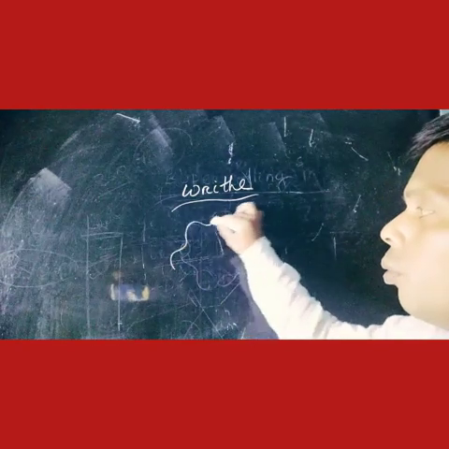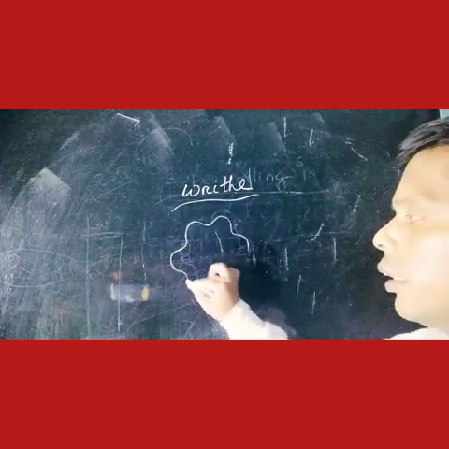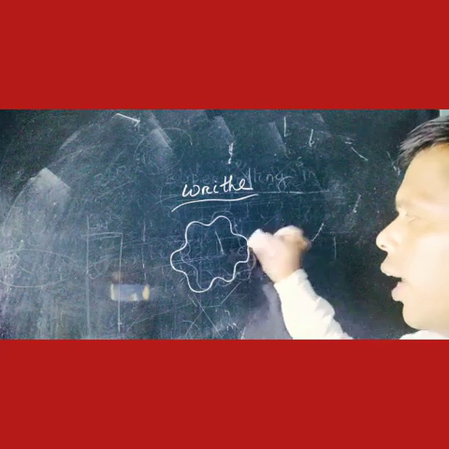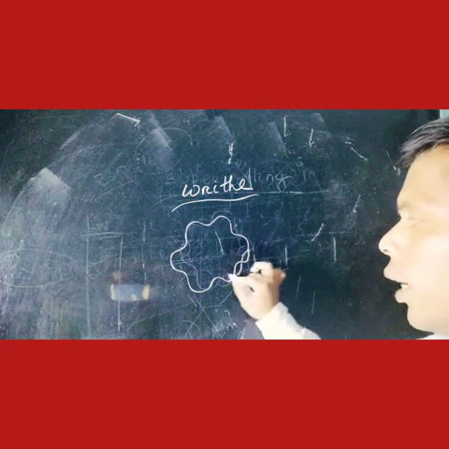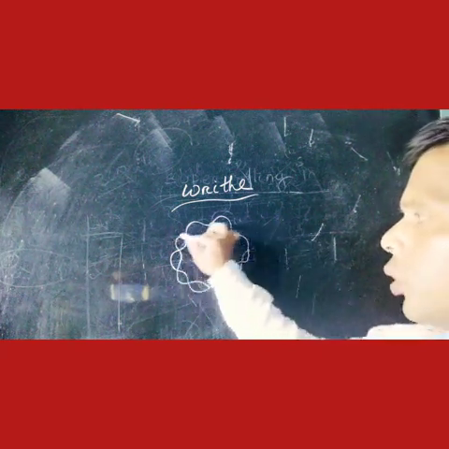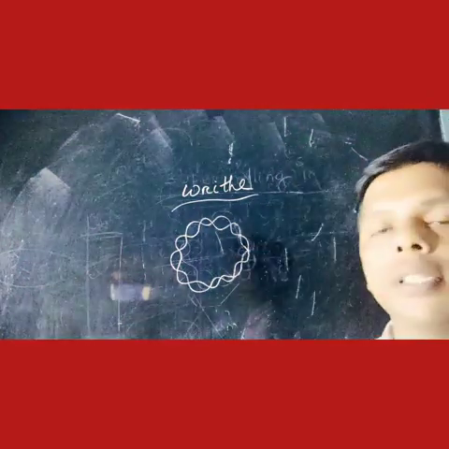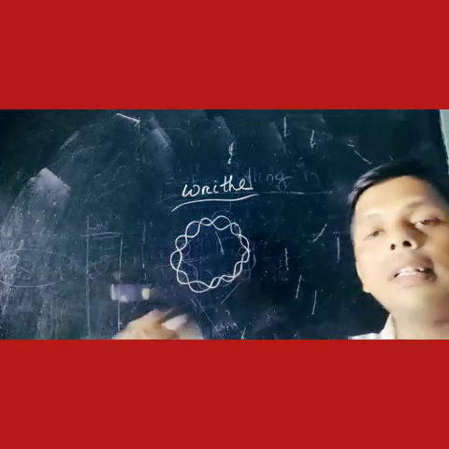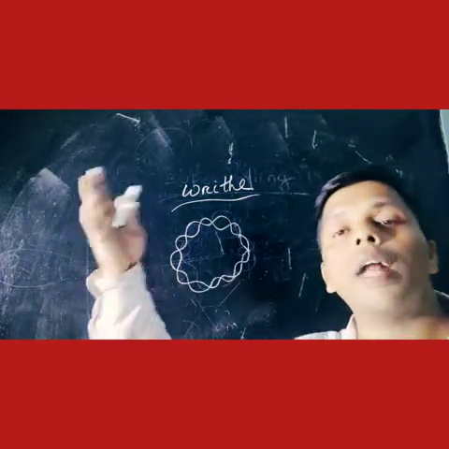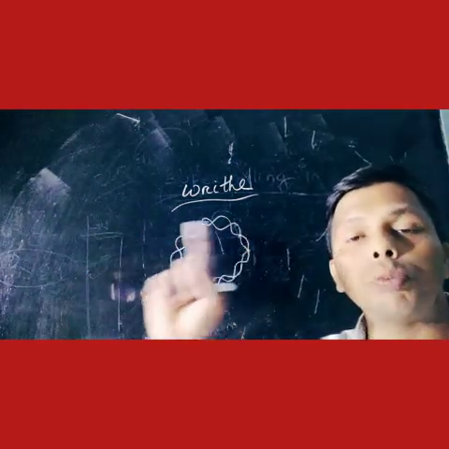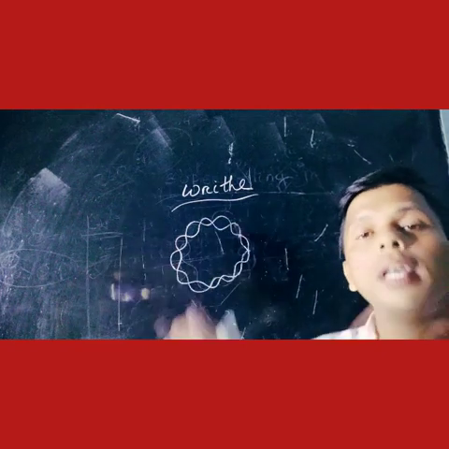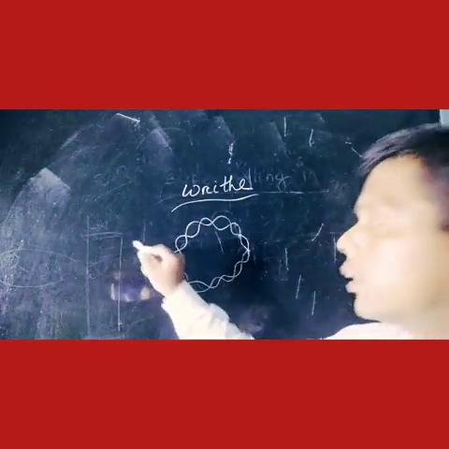Suppose I am drawing one relaxed form of circular DNA. Here writhe is absent. When this DNA coils around itself, that means the two strands of DNA cross over the other two strands.